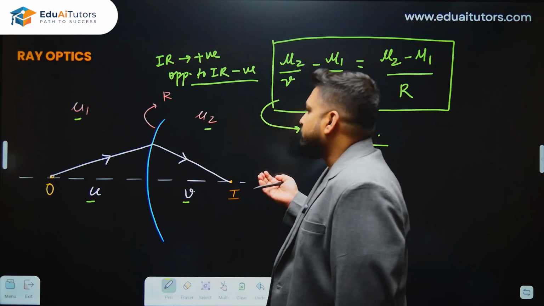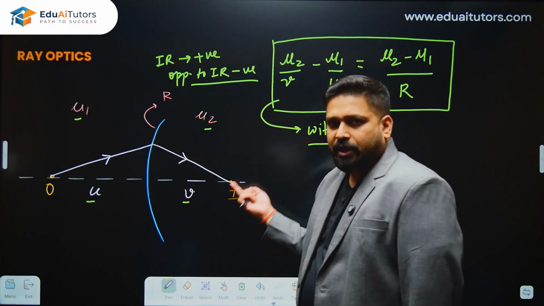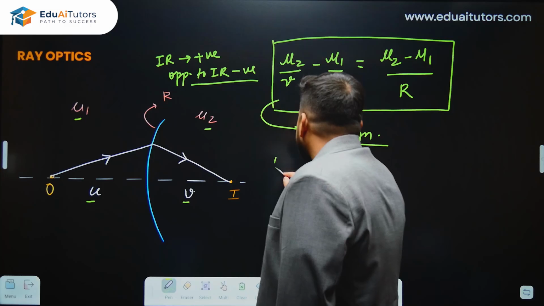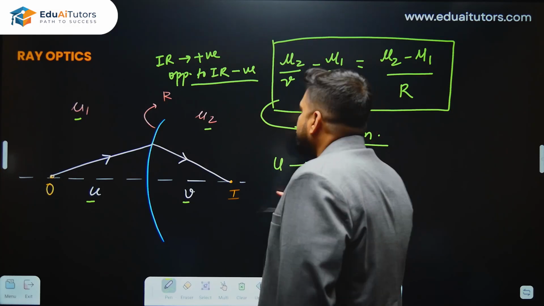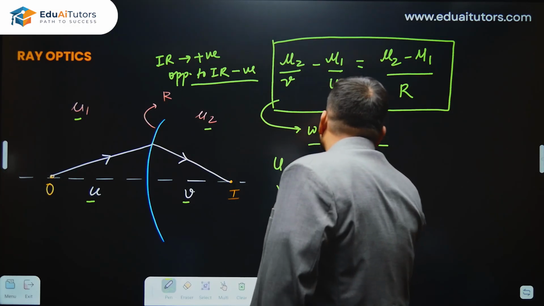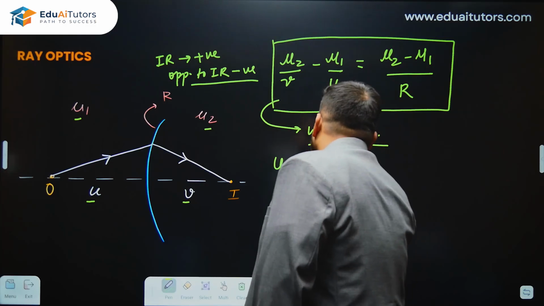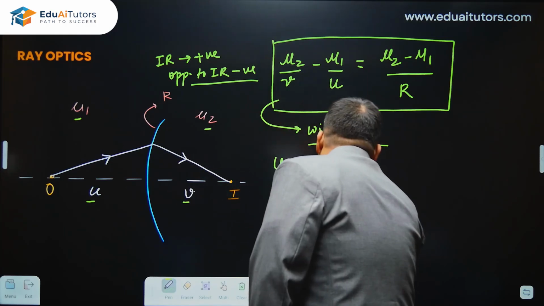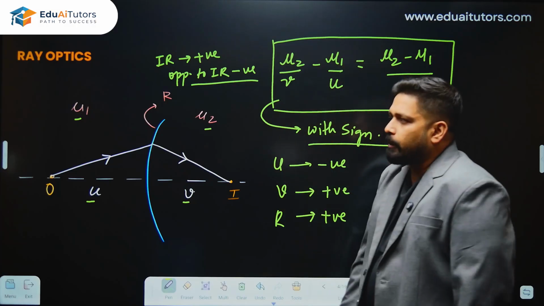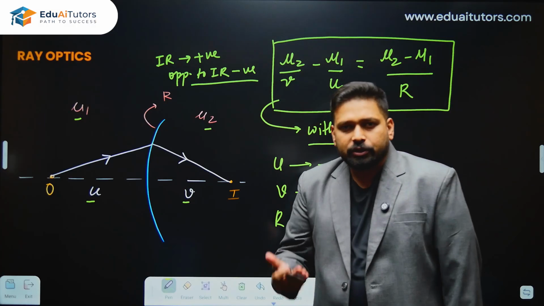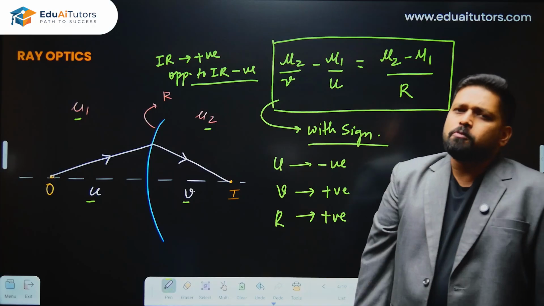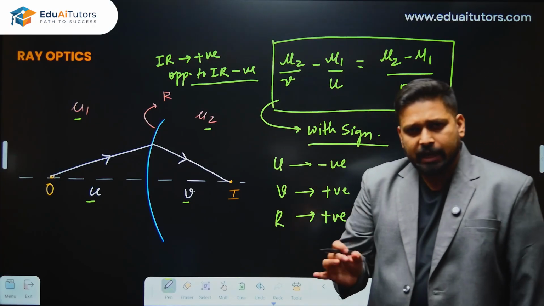So the radius of curvature will lie along the direction of the incident ray, so it will be positive. U in this case will be negative, V in this case will be positive, and R in this case will be positive. Correct? So whenever you're writing this formula, you must use it with proper sign convention.